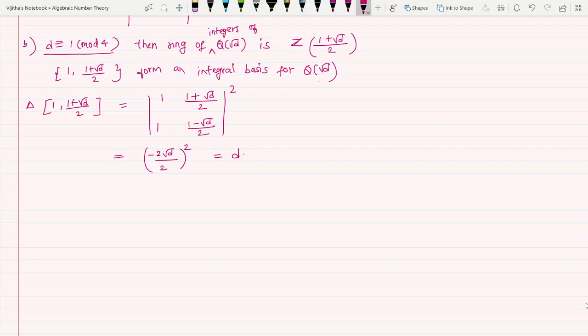So the statement of the theorem is also very important. You have to remember it. We will do one problem so it will be more clear to you. This is a very important section.